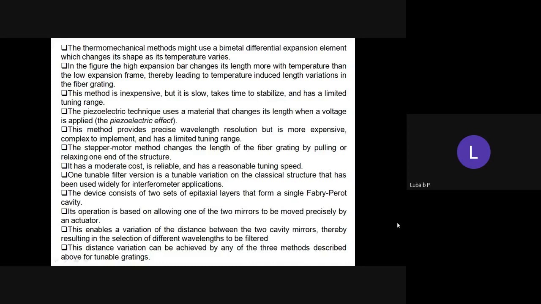This enables variation of the distance between the two cavity mirrors, thereby resulting in the selection of different wavelengths to be filtered. The distance variation can be achieved by any of the three methods described: the thermomechanical method, the piezoelectric method, or the stepper motor method. So any of these three methods described above can be used for tuning.